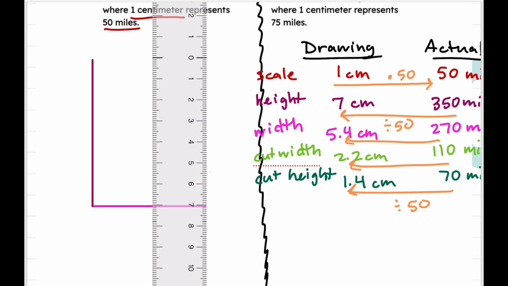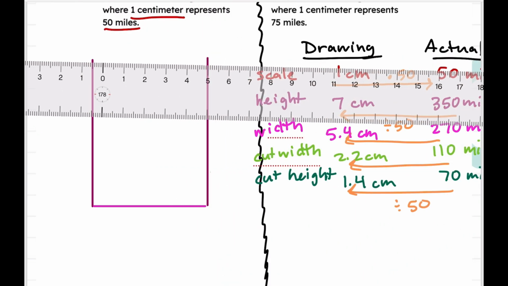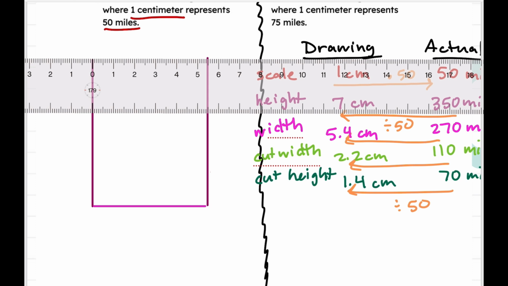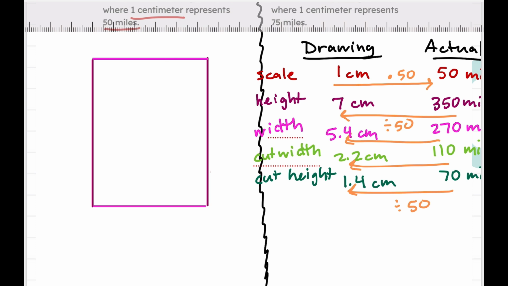It'll have to be good enough. And again, I'm going from 7 all the way up to the 0 to draw the whole rectangle that goes around the outside. I'm going to finish that up with another width, which hopefully is going to be 5.4, just like it was down at the base. If it's a little bit off, it's okay. Just do your best to make these right angles, since Utah has all of those right angles. All right, I now have my entire height and width.